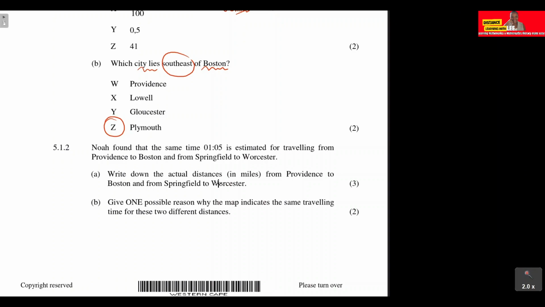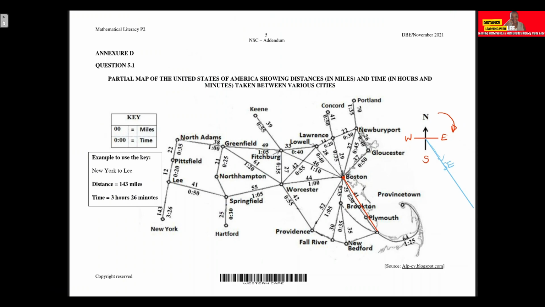We need to find where Providence and Boston are, then where Springfield and Worcester are, and then write down the actual distance in miles.